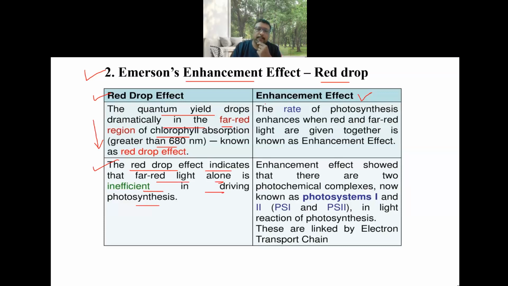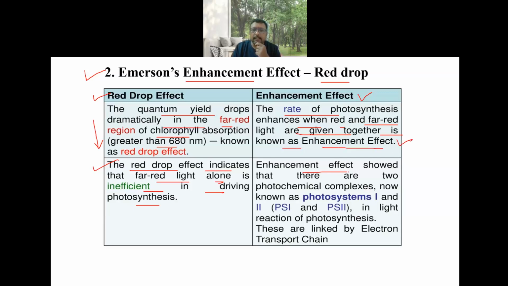Then Robert Emerson and his associates conducted another experiment where red and far-red light were given together. When both lights were used, the photosynthetic rate increased drastically, which is known as Emerson's enhancement effect.